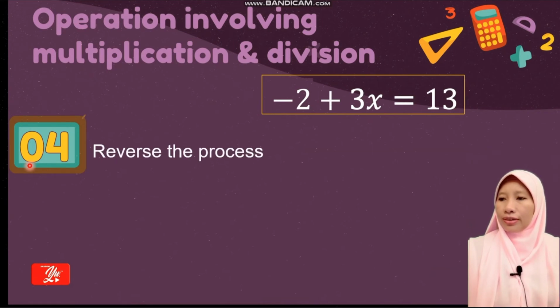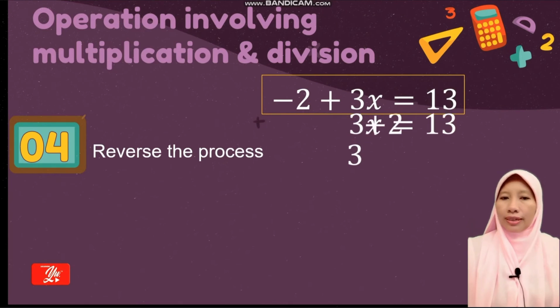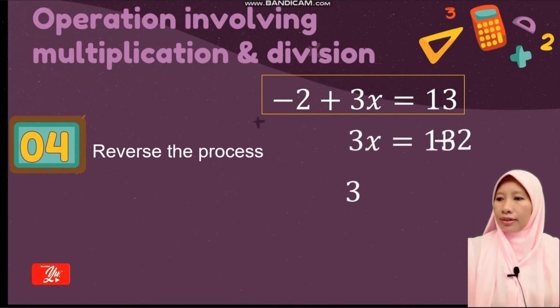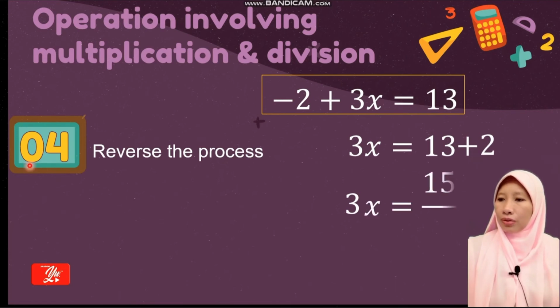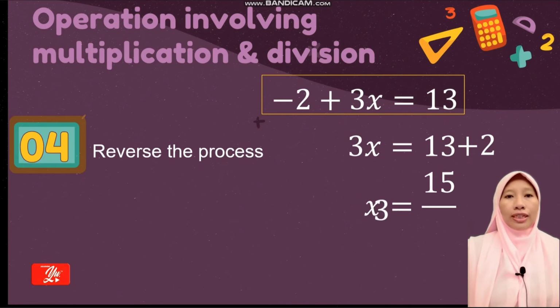So leaving us 3x on the left hand side, and this negative 2 becomes plus 2 on the right hand side. 13 plus 2 equals 15. So 3x equals 15. Then we deal with the 3, the coefficient of x, which is multiply. The reverse of multiply is divide. So 15 divide 3 equals 5.